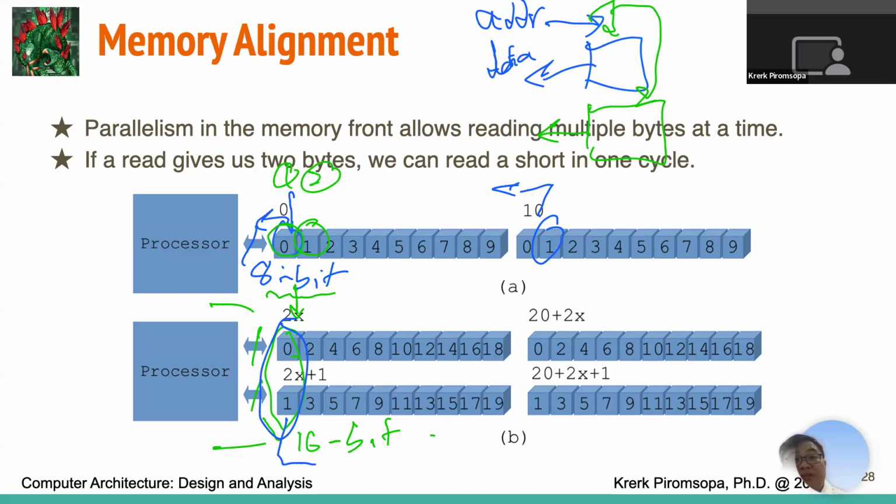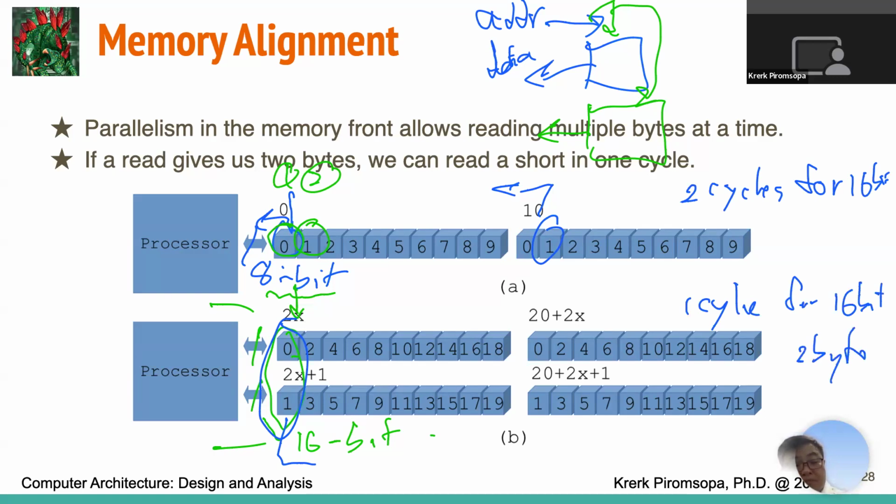In the old days, this was 2 cycles for 16 bits. Nowadays, 1 cycle for 16 bits, 2 bytes. Got my point?